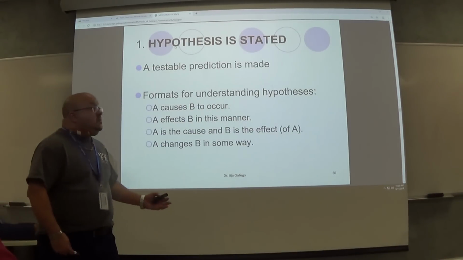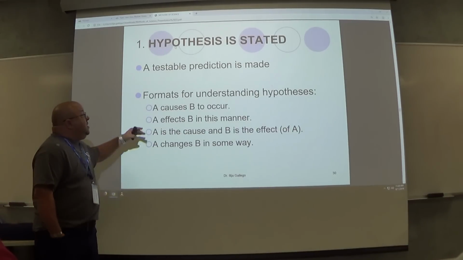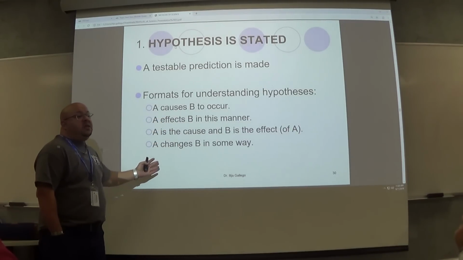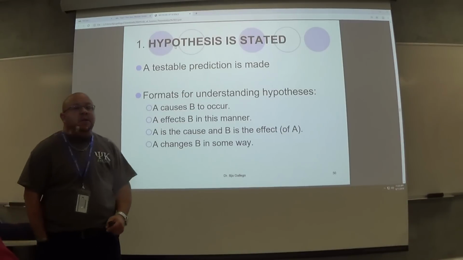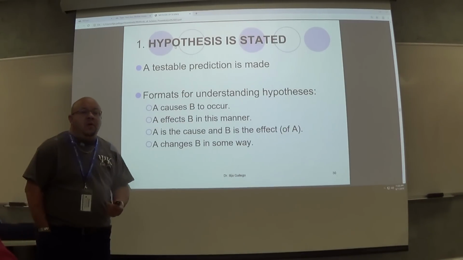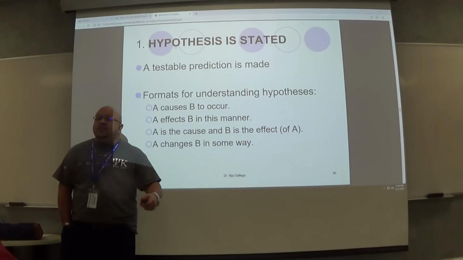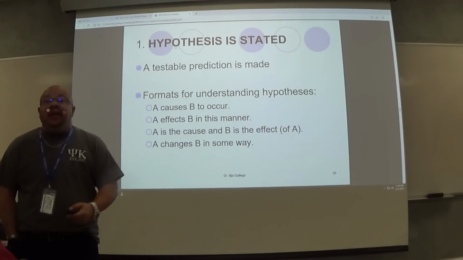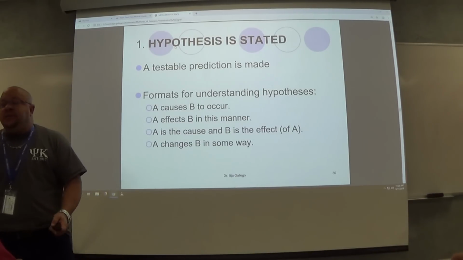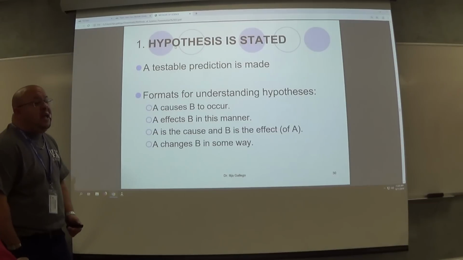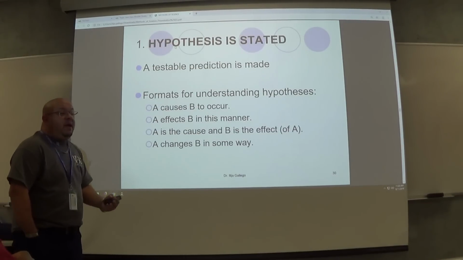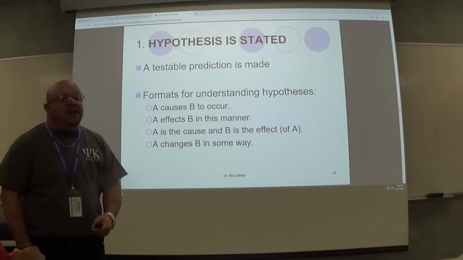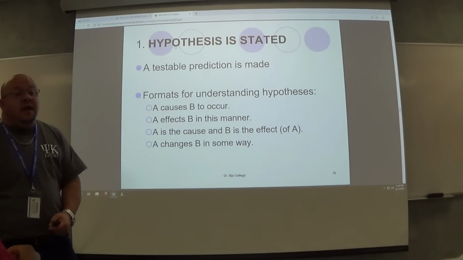So in the case of hypotheses, they're always formatted as A causes B. So A is the cause, B is the effect, A changes B in some way, and you can have a very general hypothesis like A changes B, or you can have a specific directional hypothesis, A increases B, or A decreases B. So for my study, my hypothesis would be, does Hooked on Phonics lead to an increase in the reading level of first graders?